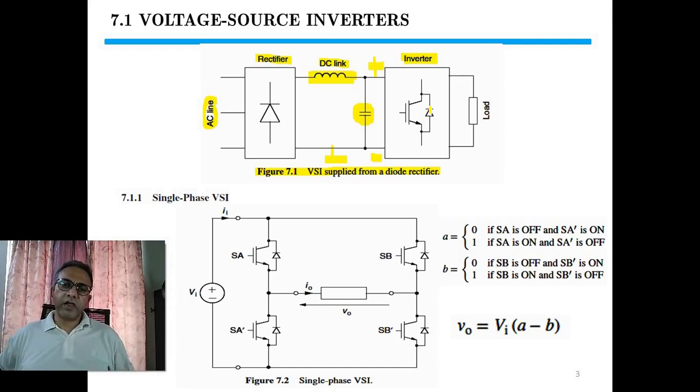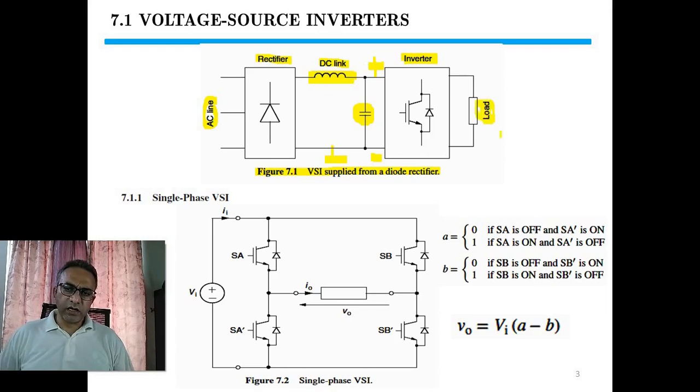So the author has just represented one MOSFET or one IGBT. This MOSFET or IGBT represents the many configurations of inverters available. However, the input of the inverter will always be DC and the output of the inverter will always be AC.